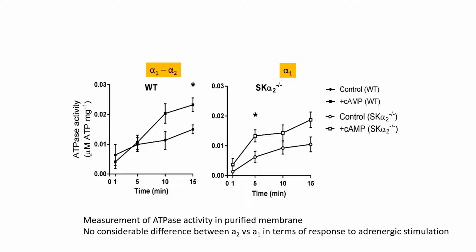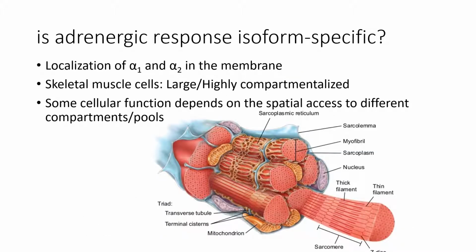Both of them follow almost a similar pattern. There are many explanations for this discrepancy, which we discussed in the manuscript, but the one that I want to mention here is related to the localization of alpha 1 and alpha 2 in the membrane.